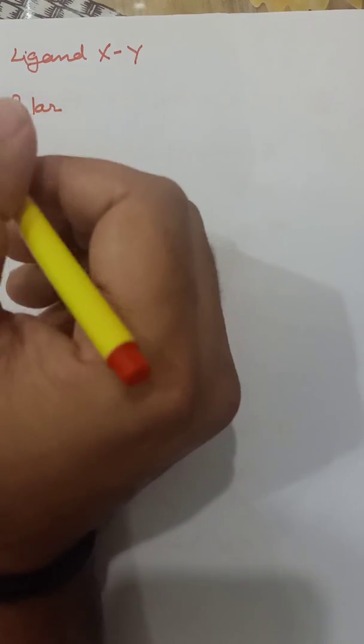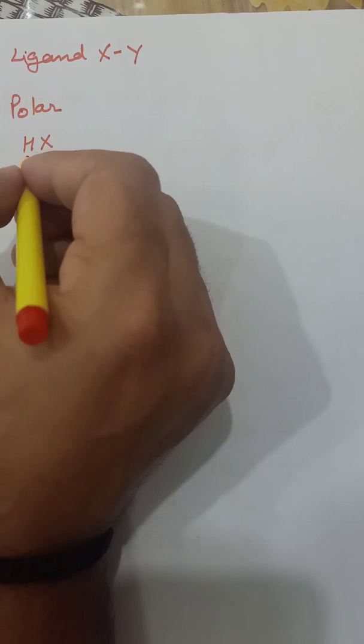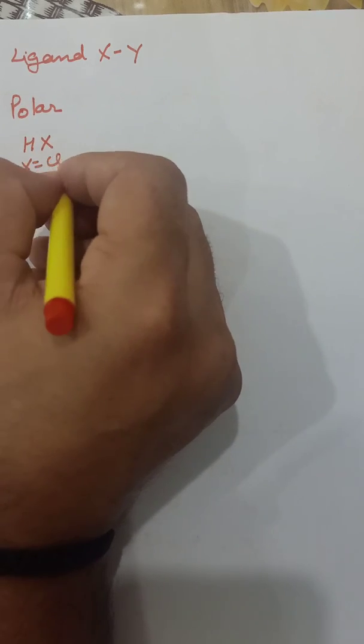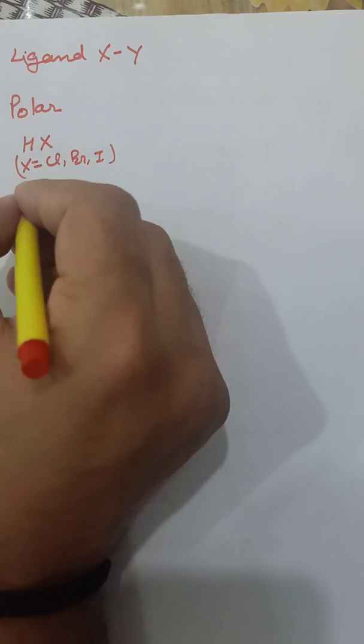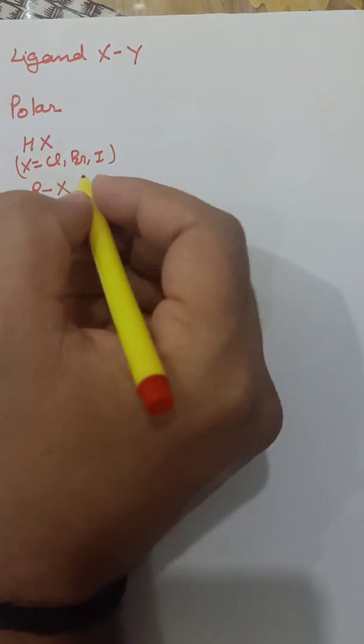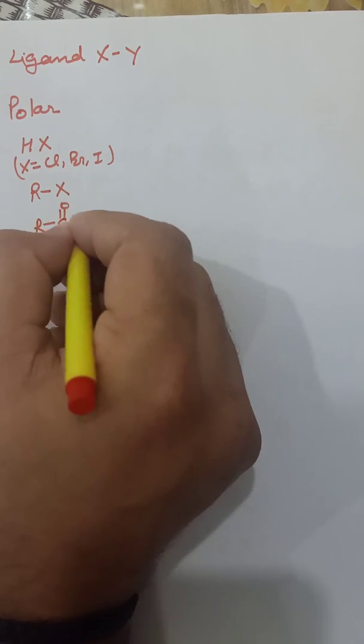For example, it can be HX, where X is chlorine, bromine, or iodine. It can be any alkyl halide or some acyl chloride, etc.